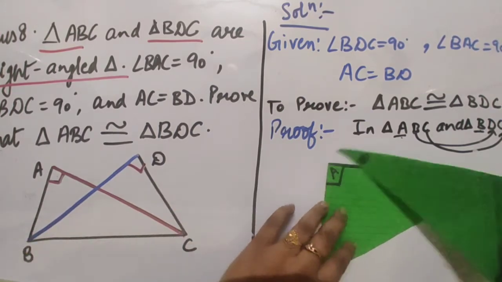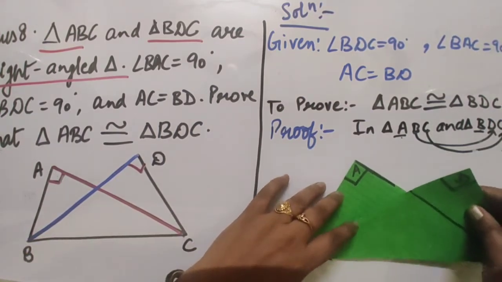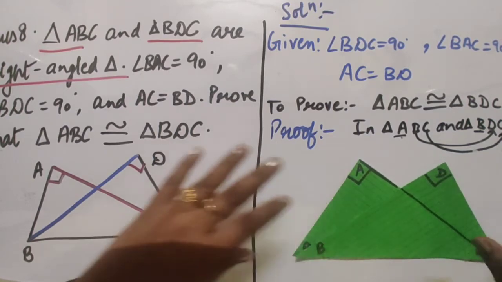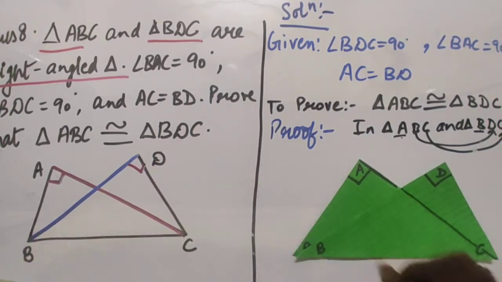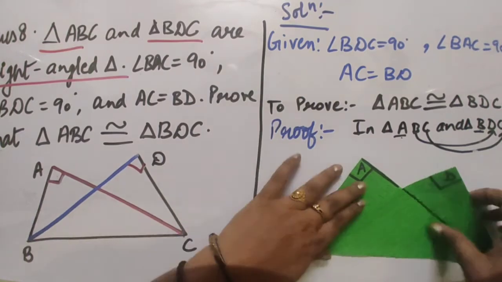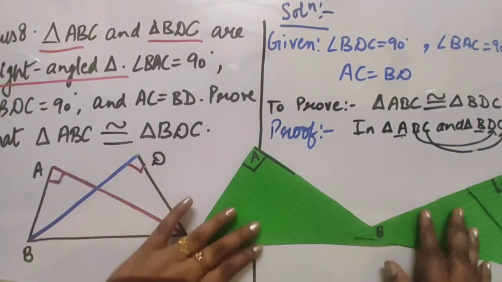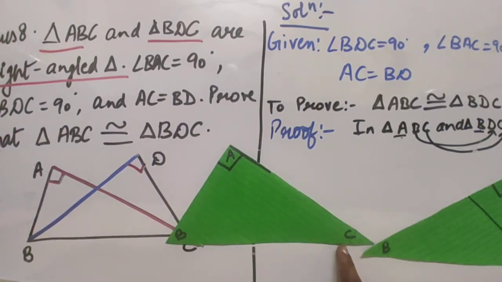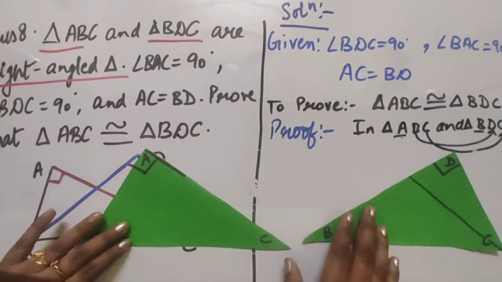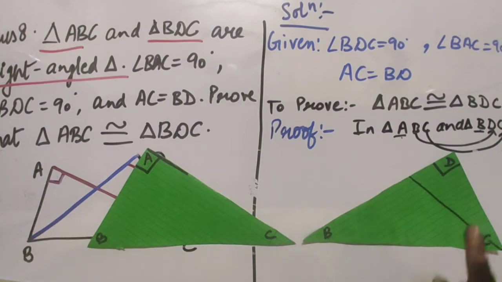Because my figure is like this, again I am making it. This was my figure. If I separate the two triangles, you can see the separated triangles in this way. ABC and DBC, because BC is the portion which is common in both, right?